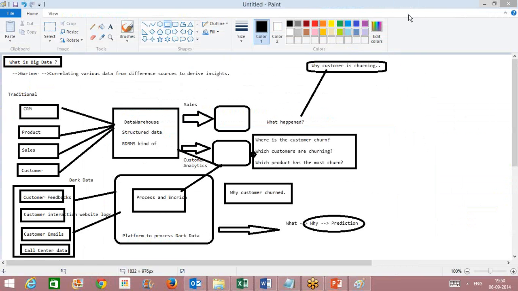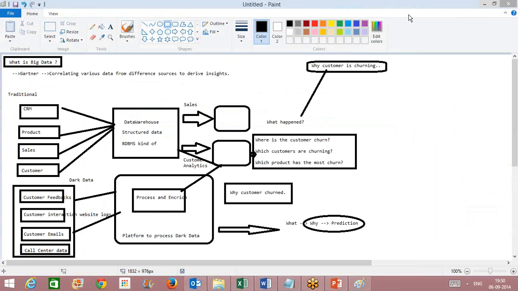But what that data could answer is where the customer churned, which geography has churned, which customers are churning, which product has the most churn, or which product has the least sale and so on. It is only trying to answer what happened.